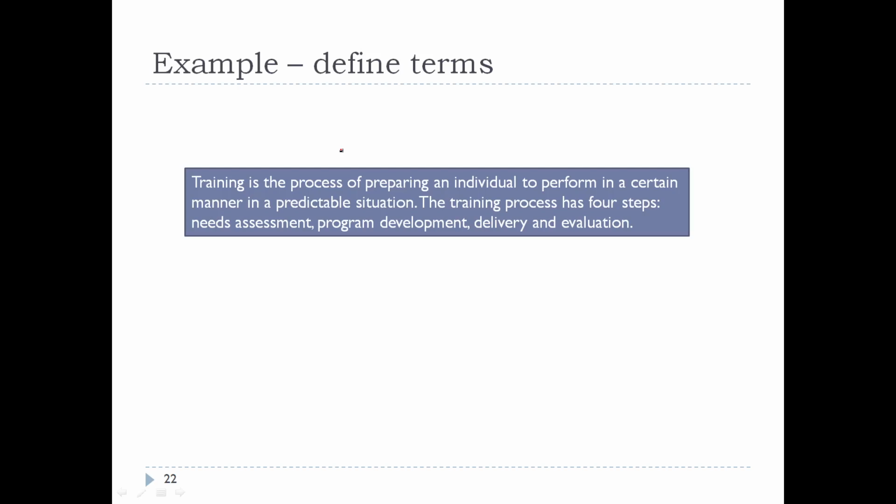So it gives you the preview of the 4 steps of the training process that you'll talk about later. Okay, needs assessment, program development, delivery, and evaluation. So this is one way introductions can provide context to the user, by defining terms, by providing this preview list and naming terms. Okay.